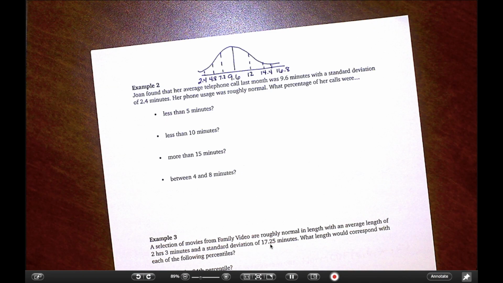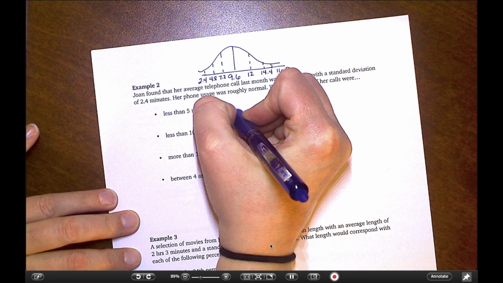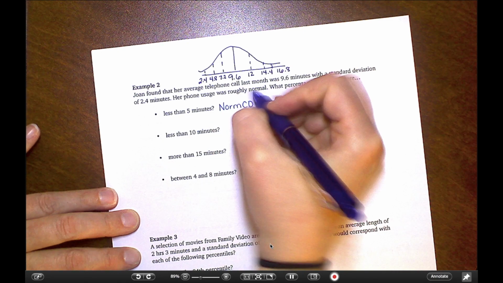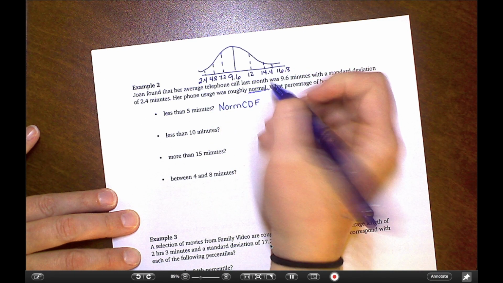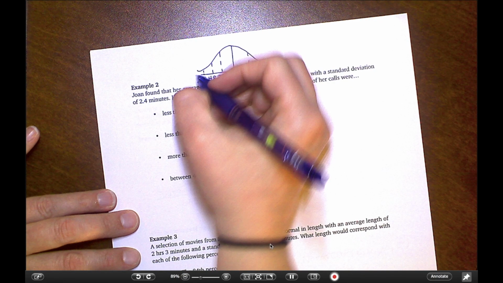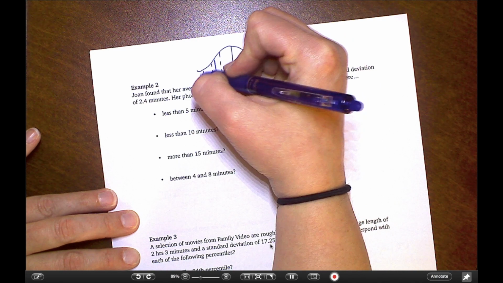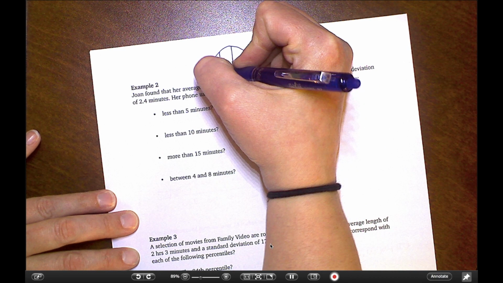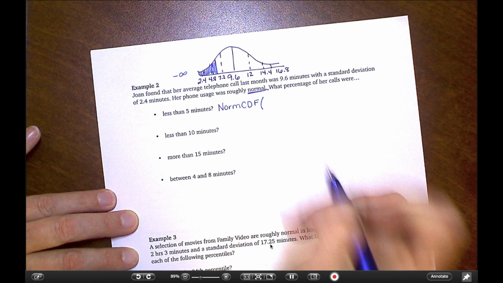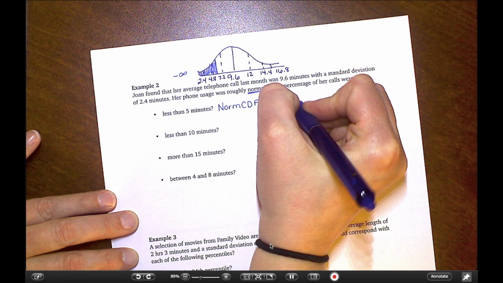So what percentage of her calls were less than 5 minutes? What I'm putting into my calculator here is norm CDF. By the way, norm CDF only works when we know that we're working with normal distributions. Norm CDF, lower bound, so this time we want to go up to 5 minutes. So 5 minutes is like here, and I want this area. My lower bound here is negative infinity. So in my calculator, I'm doing negative 1E99.